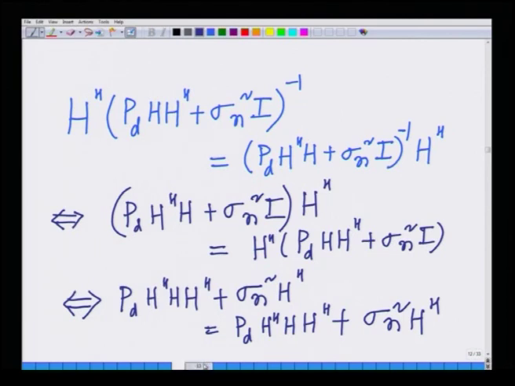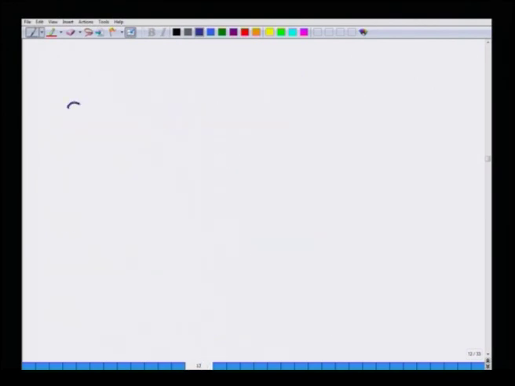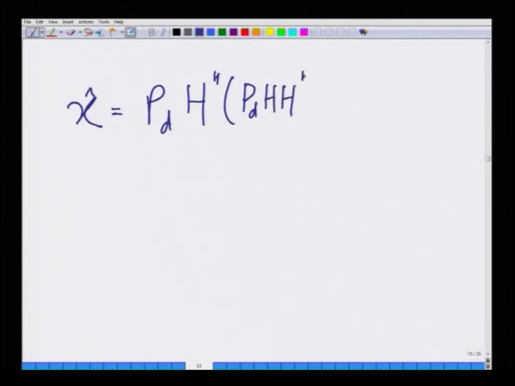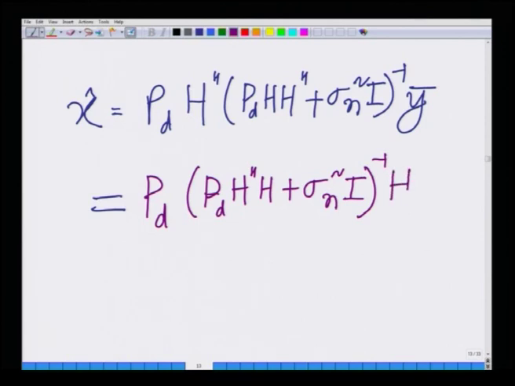Hence, when I go to the MIMO estimator, let me rewrite this: x hat equals P d h Hermitian times P d h h Hermitian plus sigma n squared I inverse y bar, which, from the simplification we did above, equals P d h Hermitian h plus sigma n squared I inverse h Hermitian y bar.